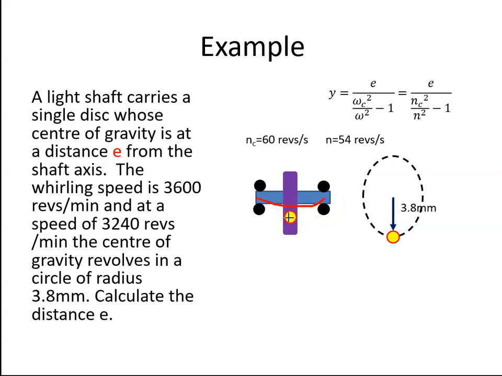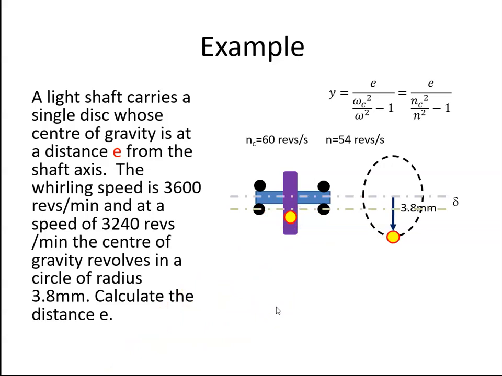And then the centrifugal force is going to act on it here, and that's going to cause it to go out another distance y. And we have the eccentricity e as well, to add on to that. So this distance, 3.8 millimeters, is the sum of the static deflection d, the deflection y due to the centrifugal force, and the eccentricity.